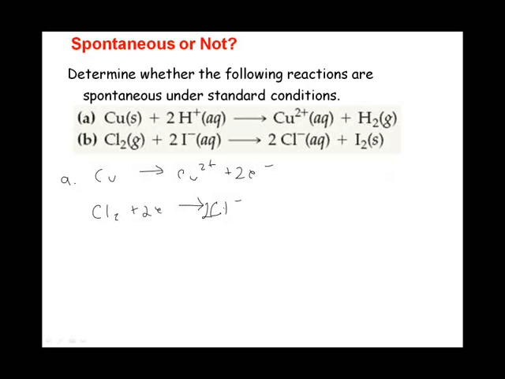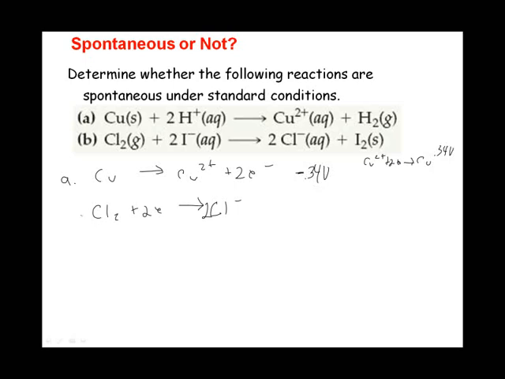So we can take our standard reduction potential table, and I have Cu2+ plus 2 electrons becomes Cu, which is the opposite of this. The value for this is 0.34 volts, so for this it's going to be negative 0.34 volts.